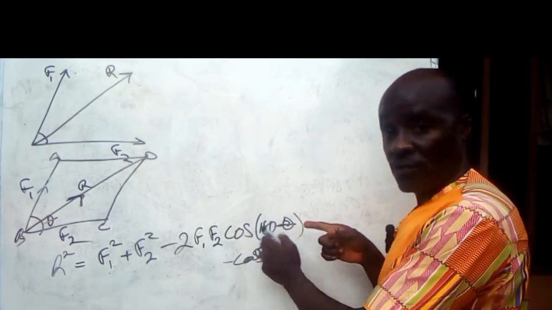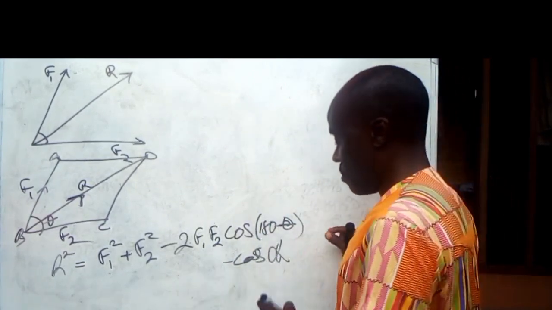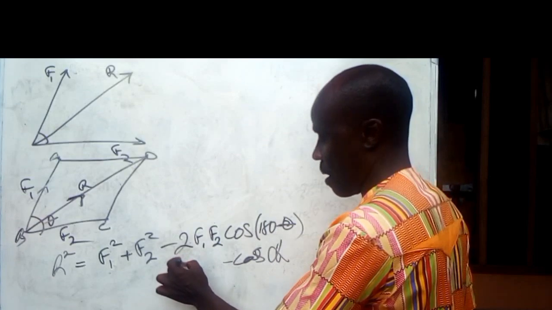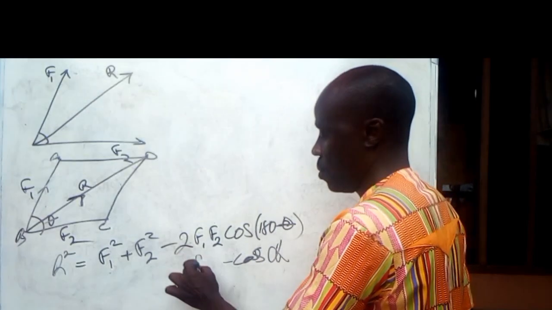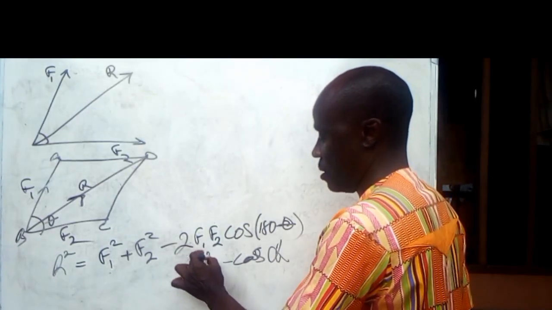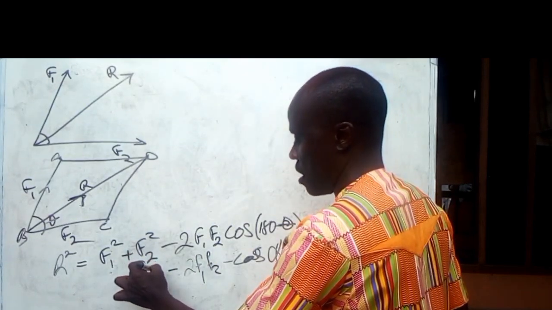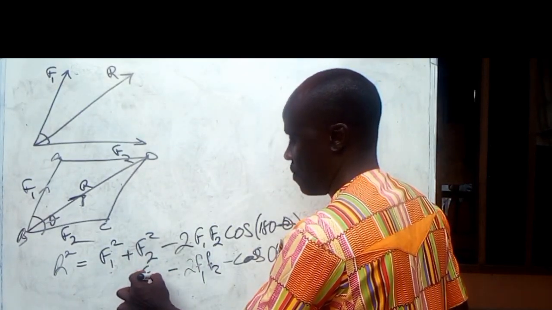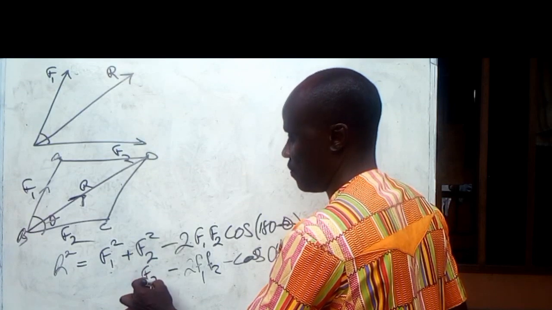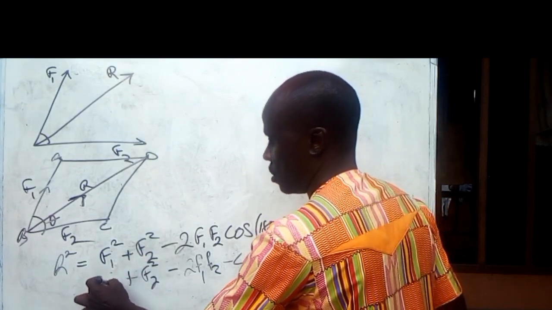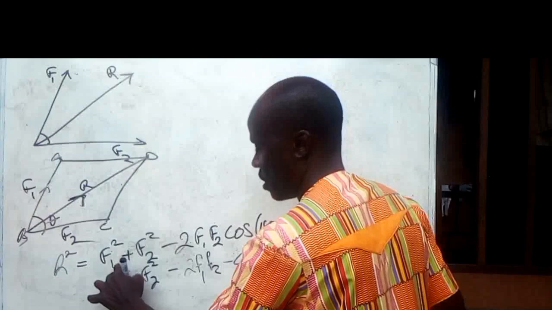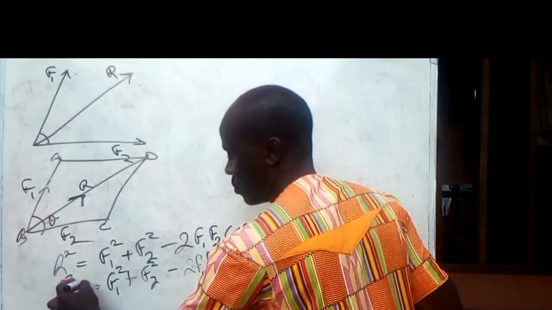Whatever will be the product of this 180 minus theta, then we have our 2 F1 F2 minus what? We have F2 squared plus F1 squared to give us R squared.